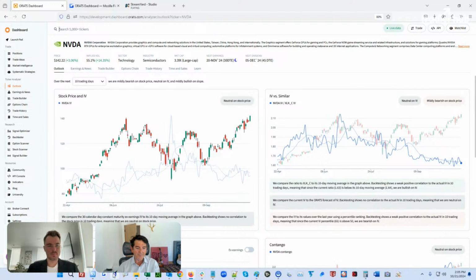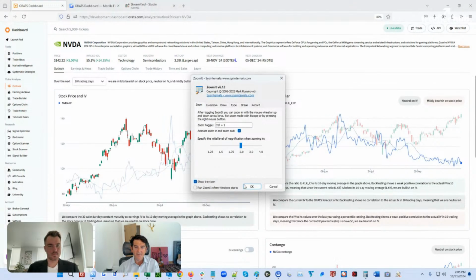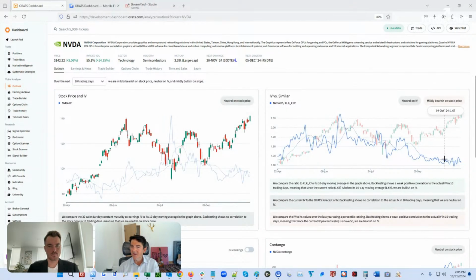Secondly, and I'll turn on my screen writer, you would look at Nvidia versus similar stocks in the XLK_C. That means the component weighted average for the most directly similar ETF, and then we do the relationship.